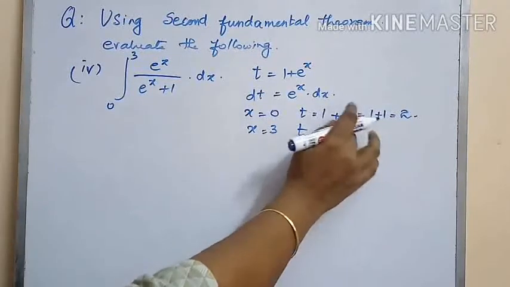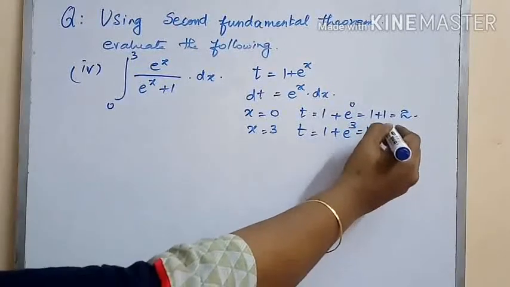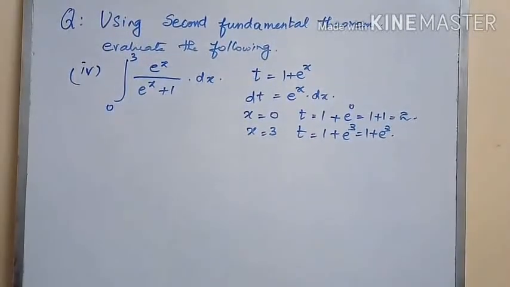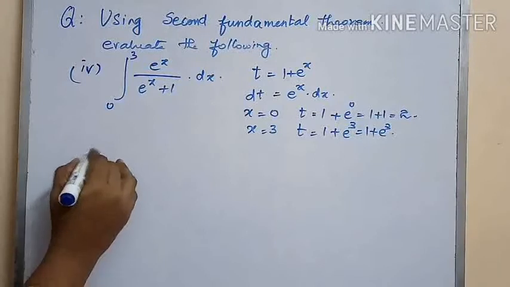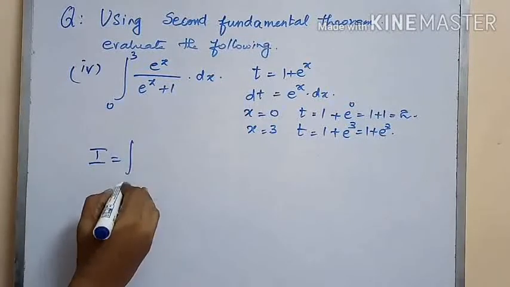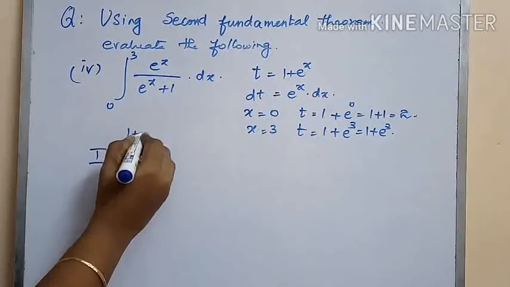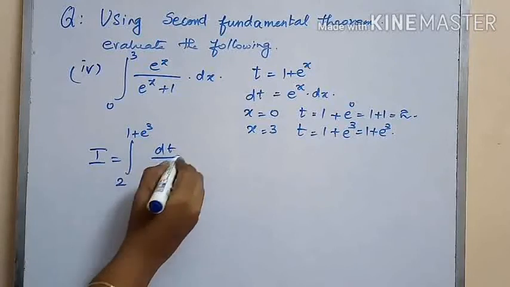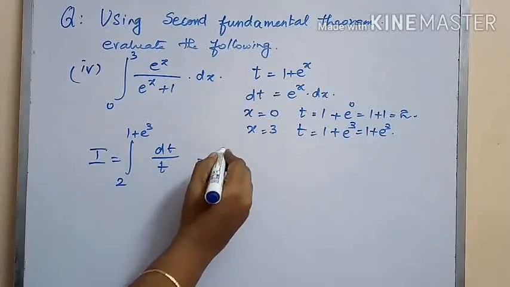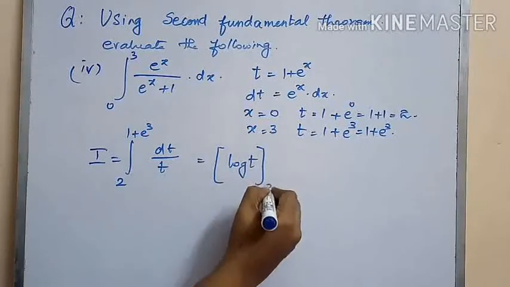When x is equal to 3, we get t is equal to 1 plus e cube. Now I becomes integral of 2 to 1 plus e cube dt by t. So the integration is log t.